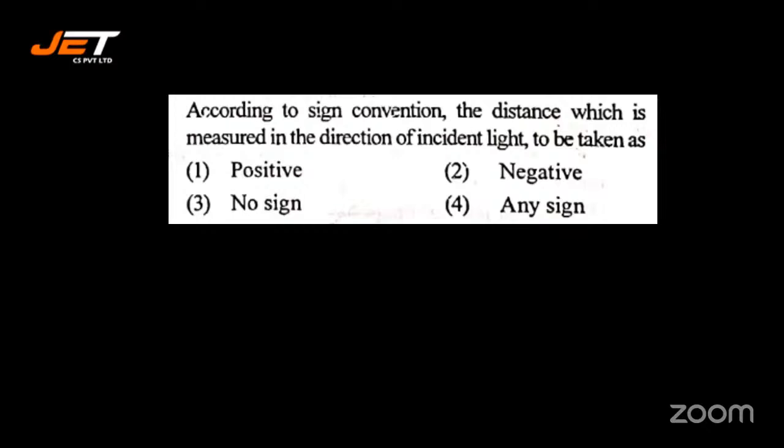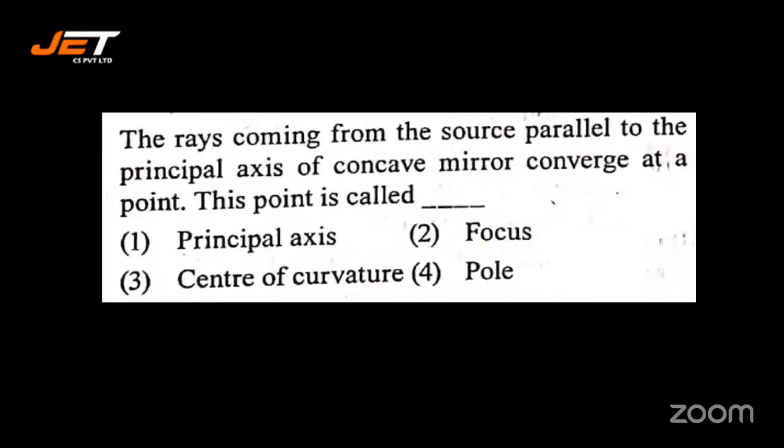Is it positive, negative, no sign, or any sign? Swati says positive, Anjali says positive, Lokesh says positive, Nitin says positive. Brilliant. Everyone is giving the absolutely right answer, which is positive. Yes, let's go for the next one.